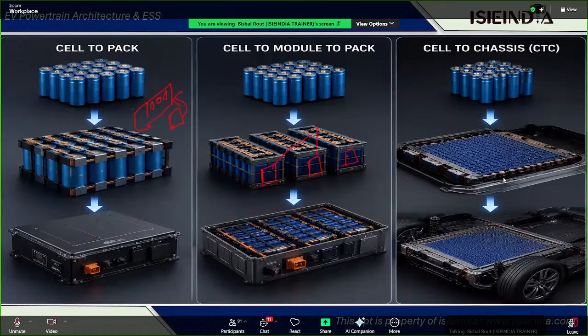AFE cards stands for analog front end cards, right? And these AFE cards are connected to the battery management system, the main BMS. So the AFE cards are responsible for managing each module, and the complete battery pack management is done by the BMS. So this is a more precise approach.